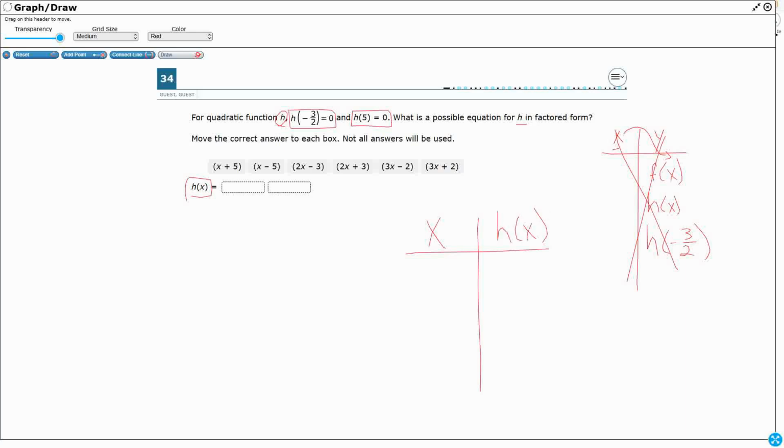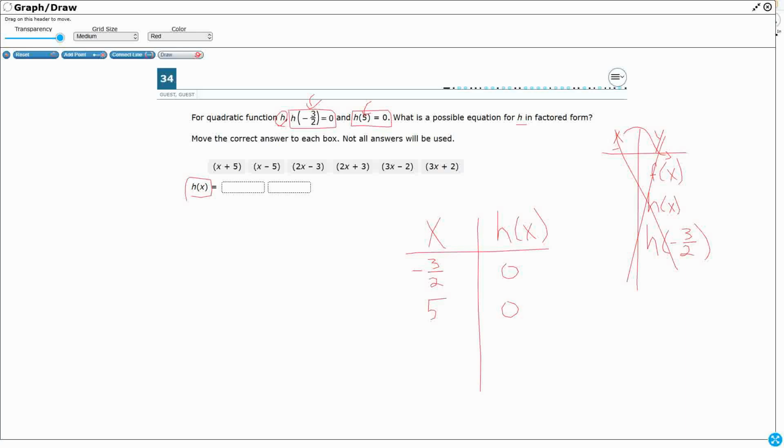We notice that this negative 3/2 is in the x position. When you do h of something, it's always h of x. So that means we've got a negative 3/2 as our x, and when we put the negative 3/2 into the h of x, it gets us a value of 0. We could say the same thing here: h of 5, so 5 would be our x, our independent variable, gets us a 0.